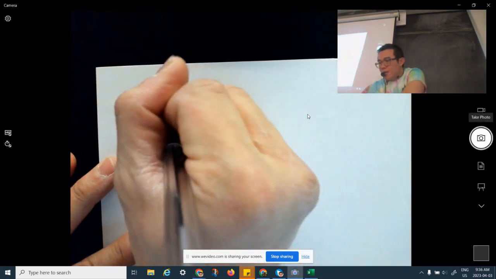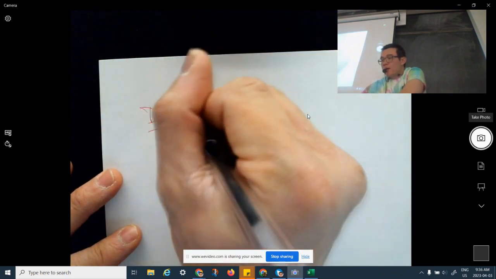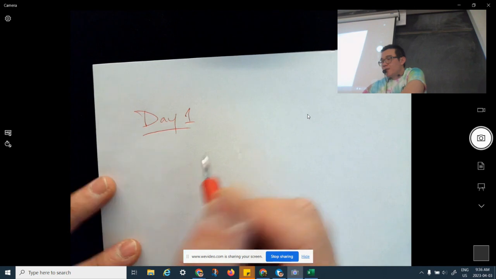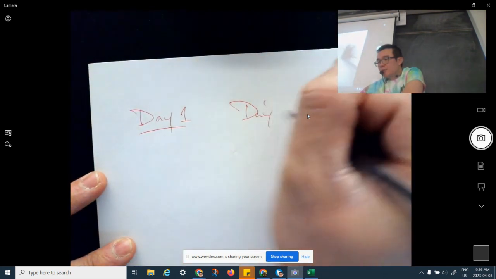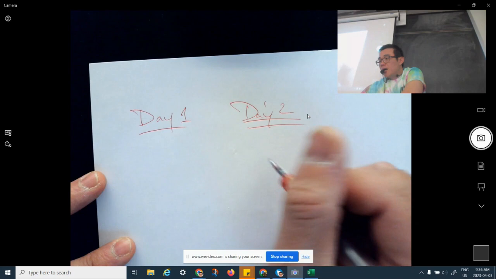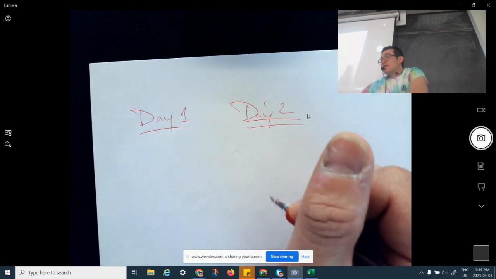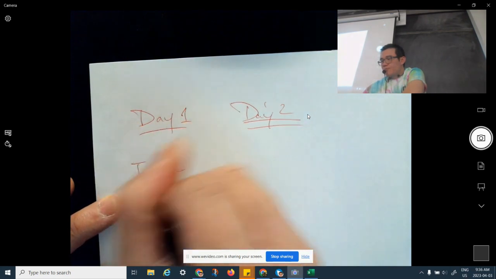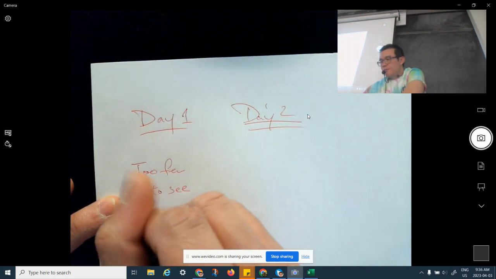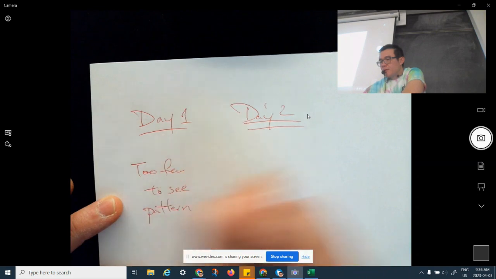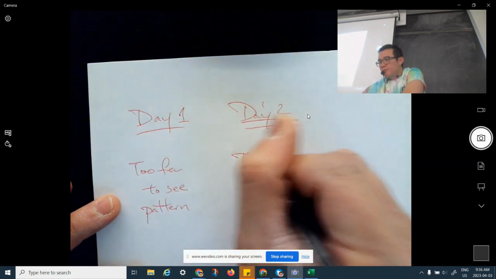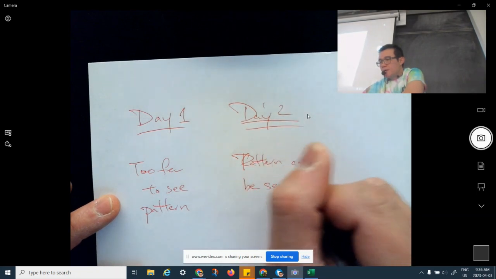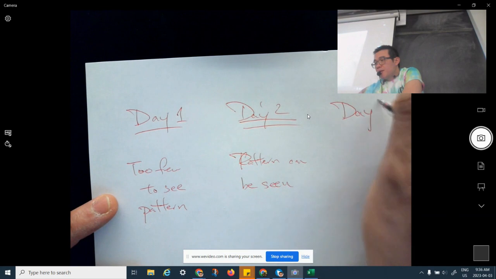Let's just say in day one, only a few of each set got germinated. In day two, you actually start to see a pattern. Okay, let's just say pattern can be seen by day 3.